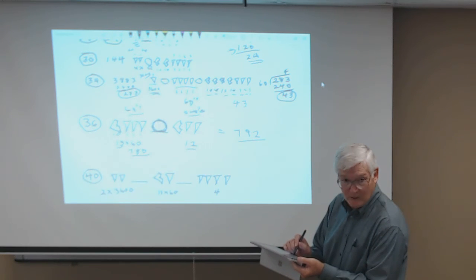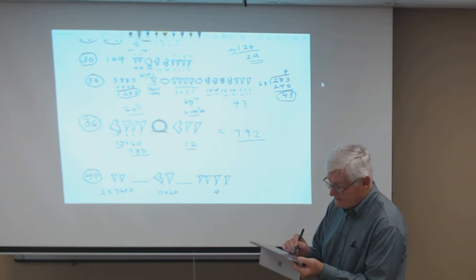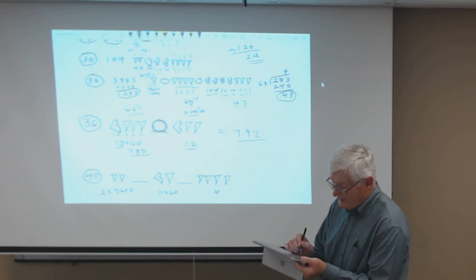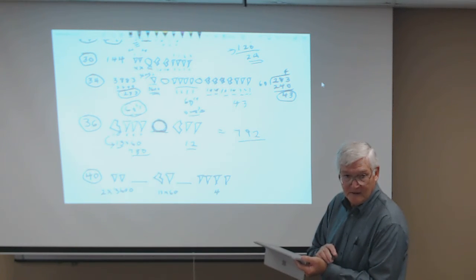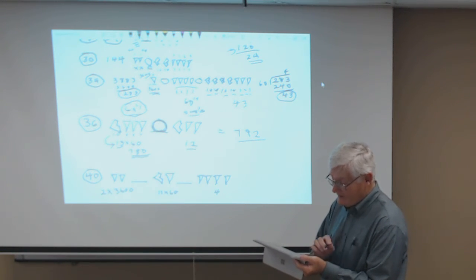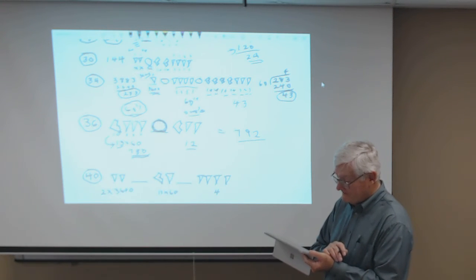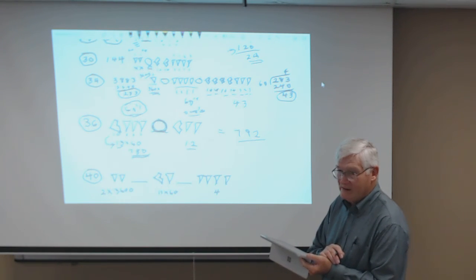This little widget is 10, right? This is 1 and 1 and 1, so that's 10, 11, 12, that's 13. 13 what? 13 60s. And that comes out to be 780. Did that answer your question? Good. We're on our way.